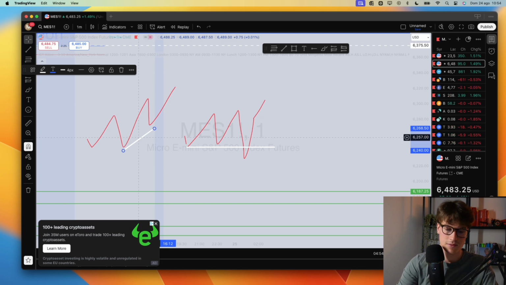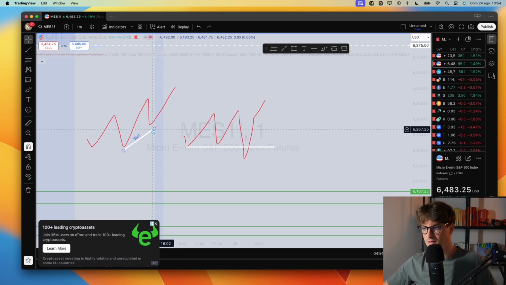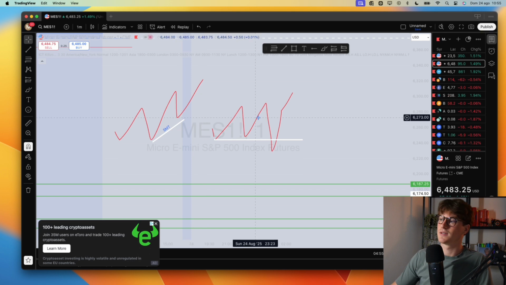SMT is a very simple concept actually. When we have a bullish bias, when we think that NQ is stronger and ES takes a low and NQ doesn't, this is basically the SMT.